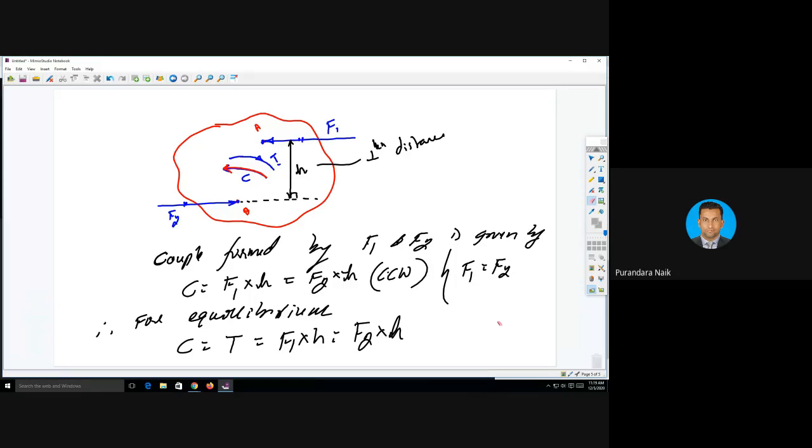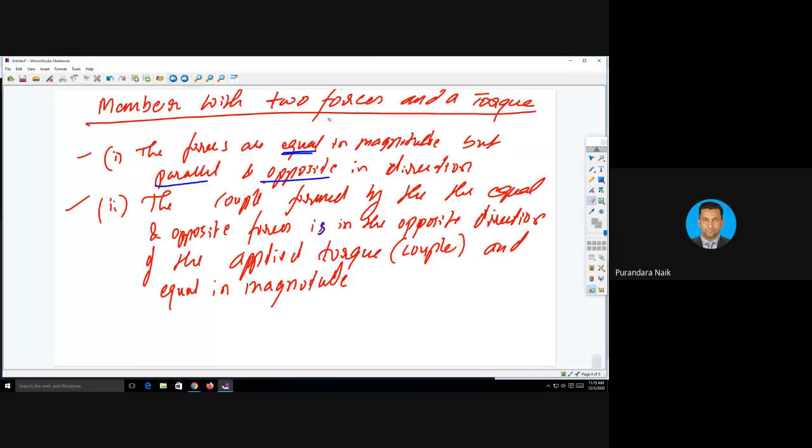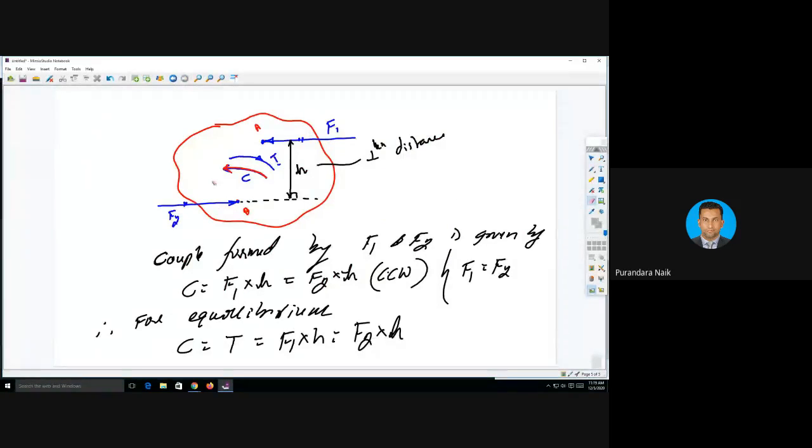So I'll explain it once again within 1 minute. Look at this. The member has two forces and one torque. I have applied two different forces, F1, F2 and T on the system. Now I have to make this system in a static equilibrium. What is the condition to be followed?